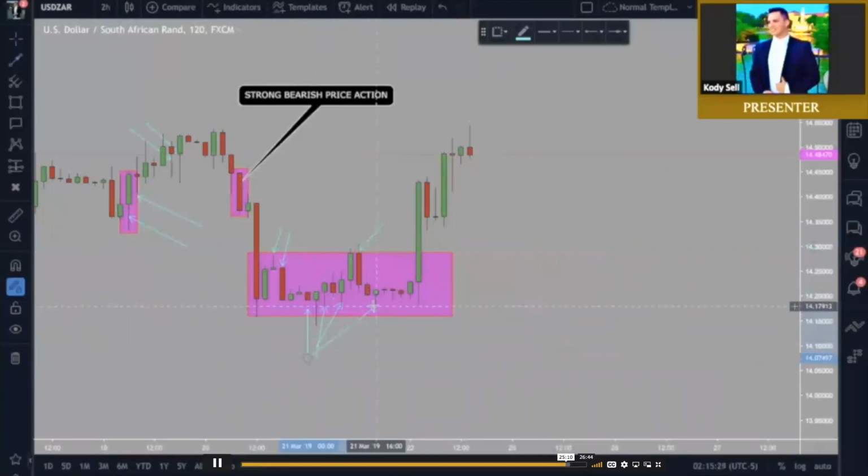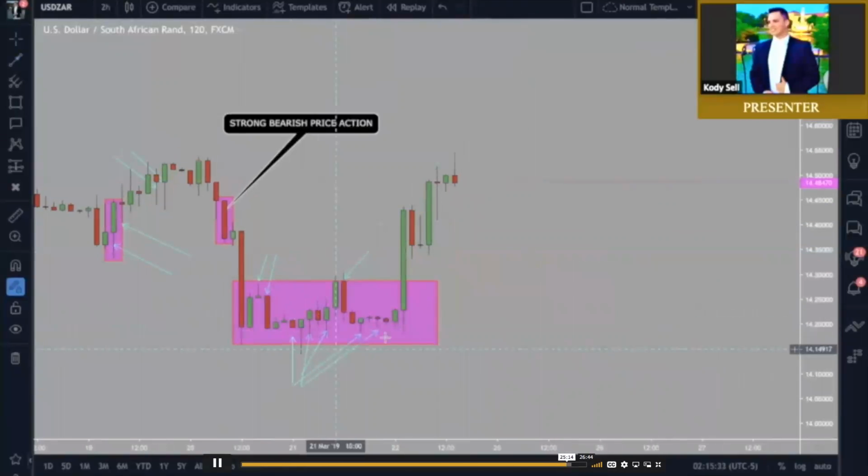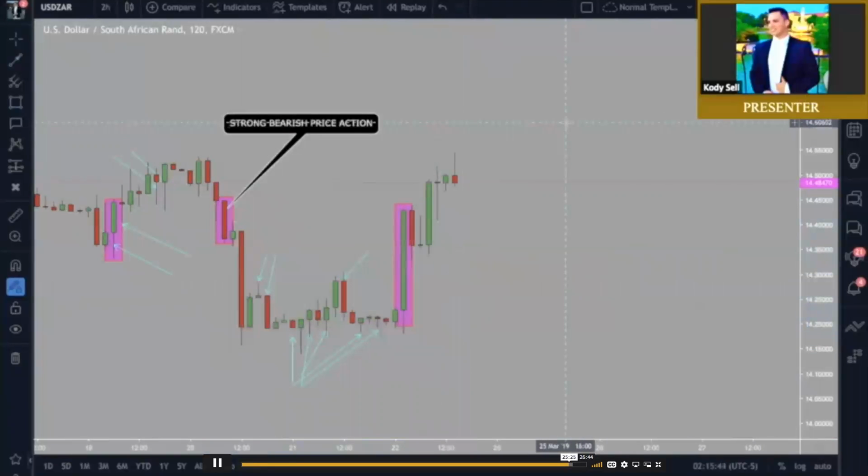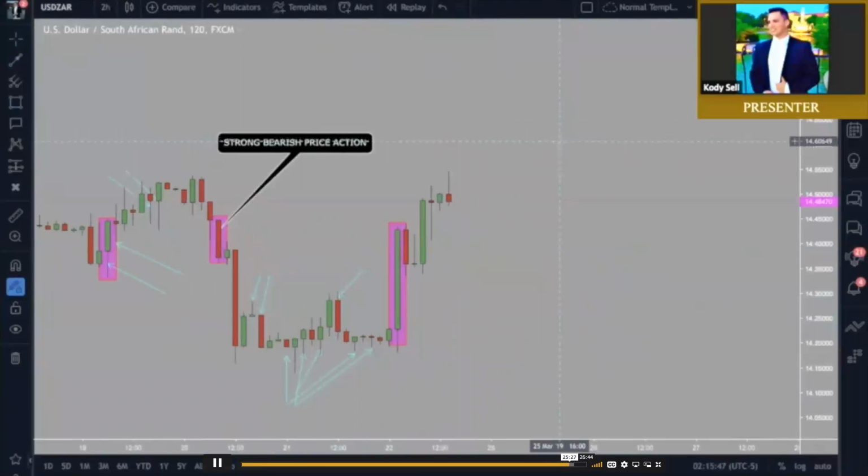Okay, but then we've got bullish price action. And then ultimately what happens? We bust up out of this zone. Obviously, when you see this giant bullish candlestick, you should be telling yourself, okay, buyers are in control. This is a strong bullish engulfing candlestick. It engulfed the previous 15 candles, clearly buyer's territory. And then of course price would retrace and then continue up, making new highs.